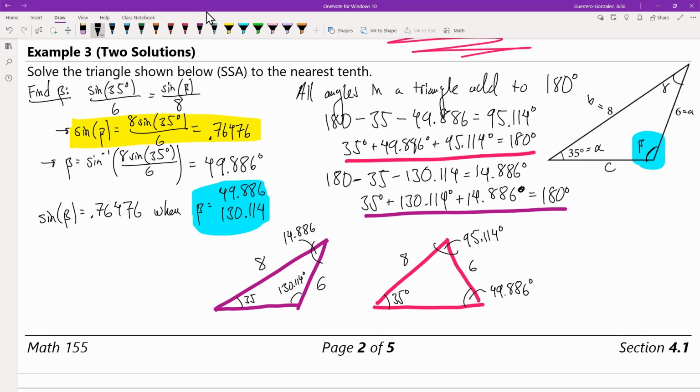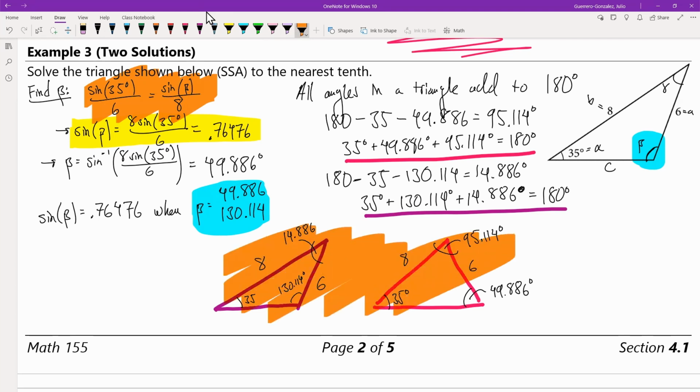I'm not going to compute the rest of this because at this point, I'm pretty sure everybody can work out the law of sines. But I do need to point out the ambiguous case, basically having these two triangles down here.